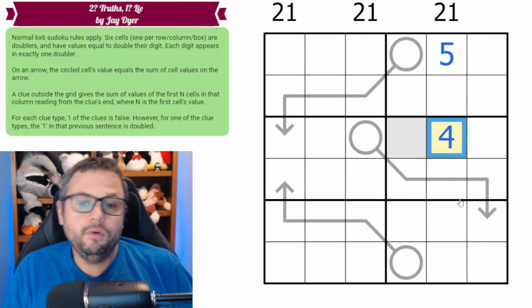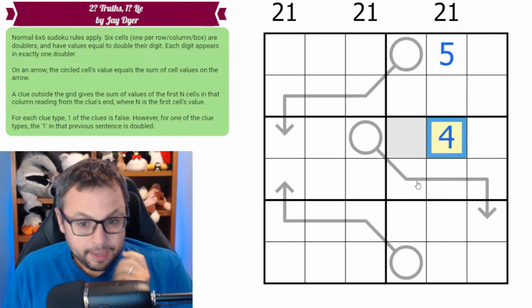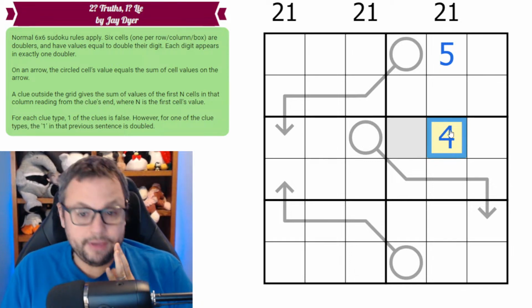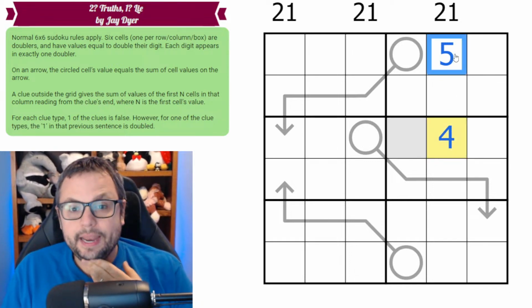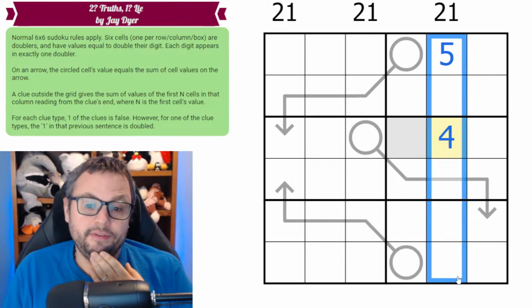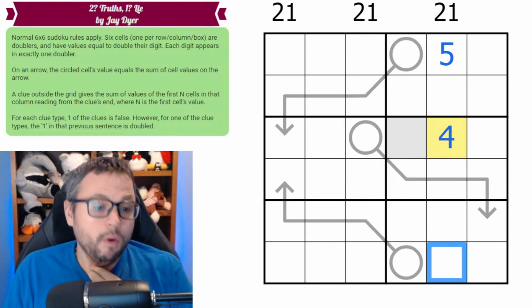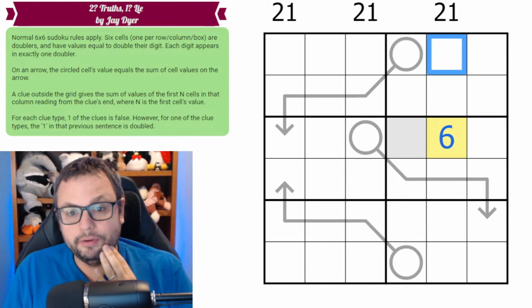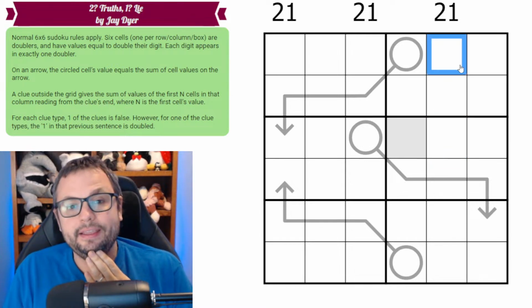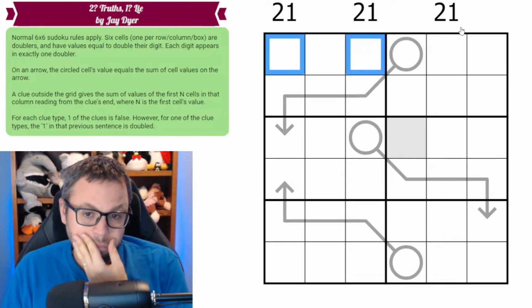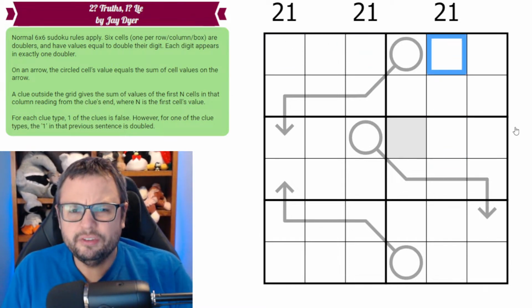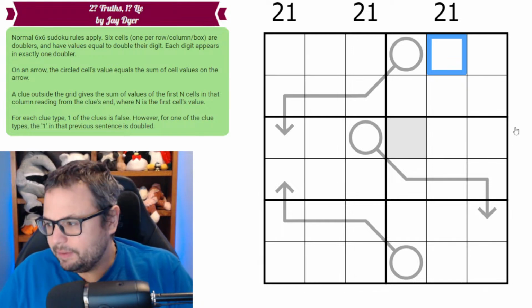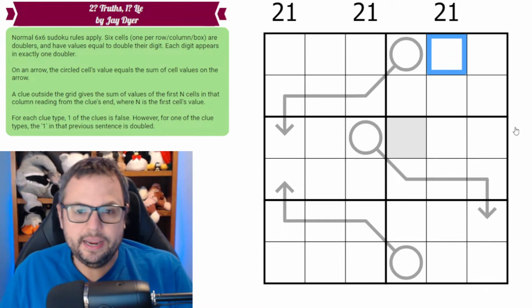But if I make this a 4, it doesn't make it any better. Because if I make this a 4, now the column sums to 25, so I need to make this cell sum to 4, and I can't. Because I'm always repeating the value of the doubler. So in fact, I can't make these a 5 or a 6. So what I'm going to have to do is make it something like a 3, right?